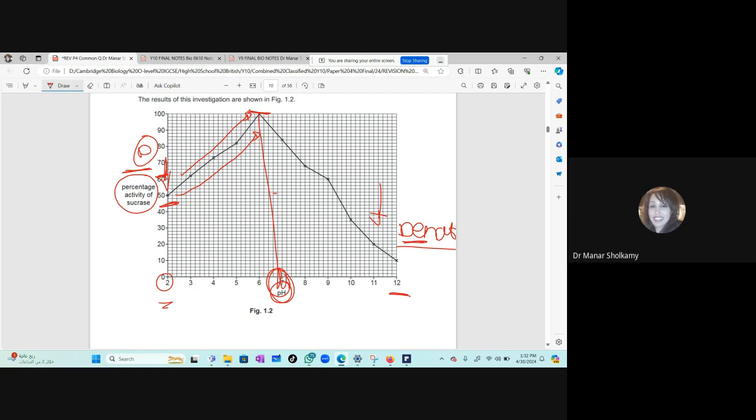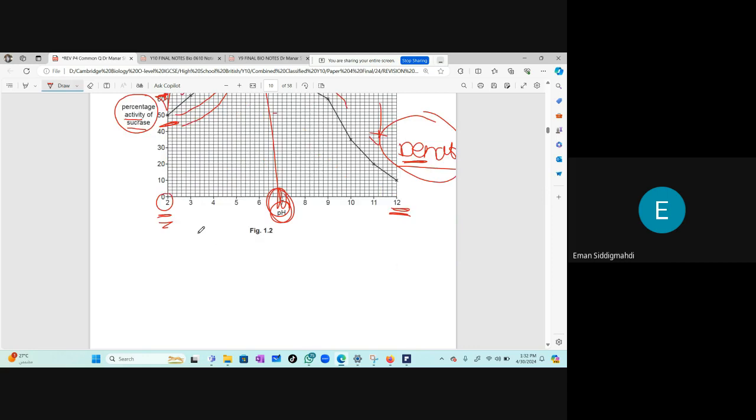So you will start by saying, as the pH is moving towards the optimum, the percentage activity of the sucrase enzyme is increasing because I have more successful collisions and more enzyme-substrate complex, and more and more. Here, optimum or maximum, everything is maximum. Here, you discuss denaturation in detail: change in active site, no longer fits, no enzyme-substrate complex, it will no longer bind with the enzyme, etc. And if the pH is far away from the optimum and it remains this way for enough time, the enzyme will denature, whether at 2 or at 12. Is this clear? Yes. I hope it is.